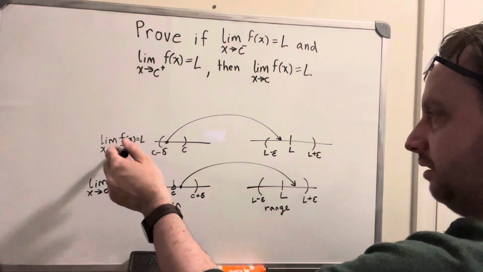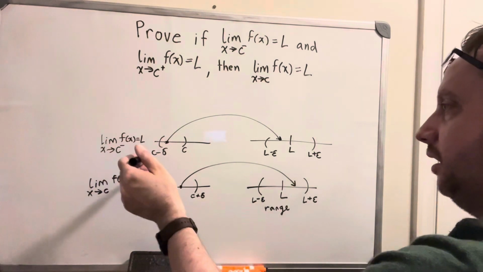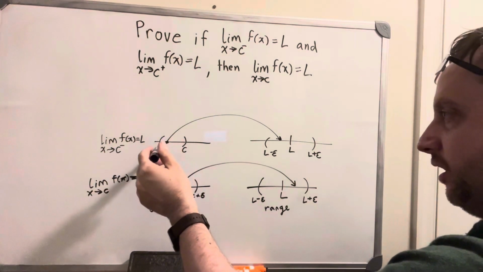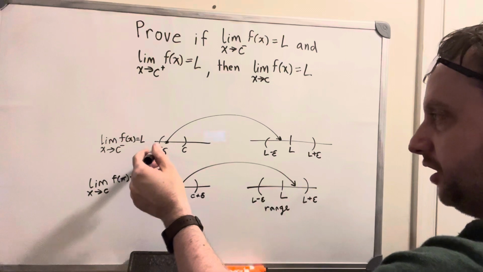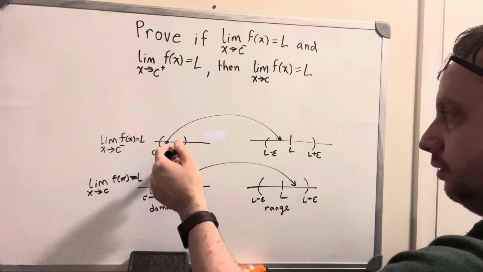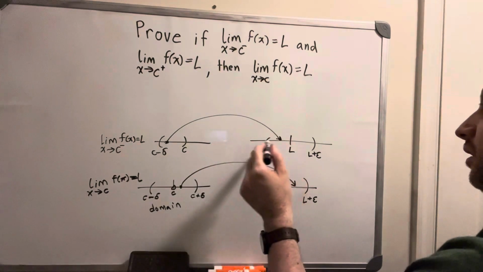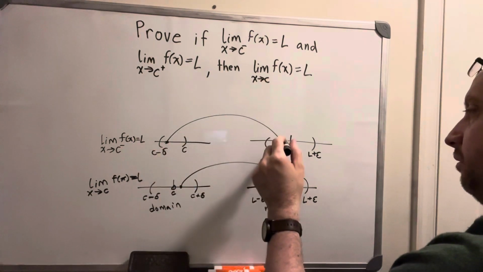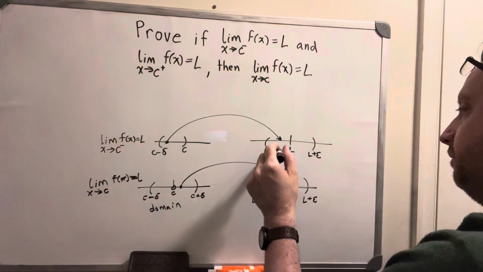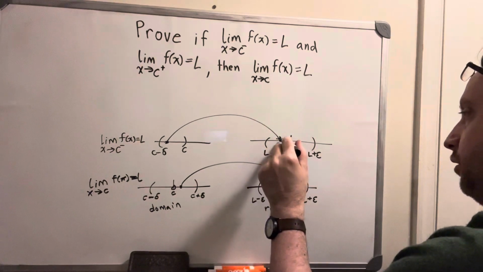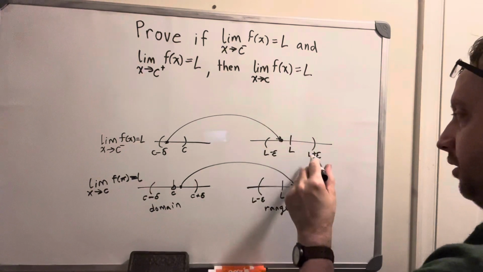By the definition of the limit from the left, we're saying that if x is within the open interval C minus delta to C, not including C, then the output of the function will be between L minus epsilon and L plus epsilon.